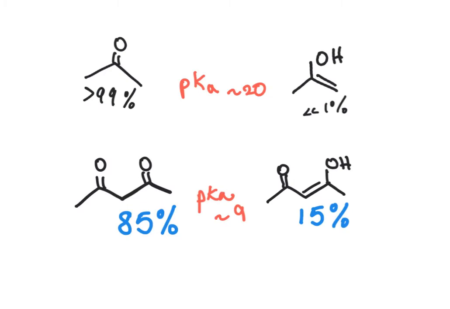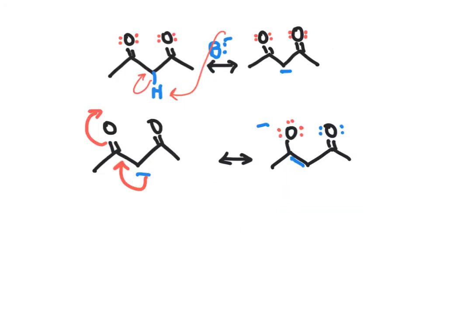In the equilibrium of a 1,3 diketone, it will exist as 15% enol, and that has to do with an enolate that has two different resonance structures that are delocalizing the negative charge of the alpha carbon that is flanked between the two carbonyls with two oxygens.